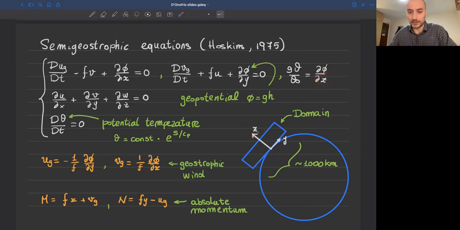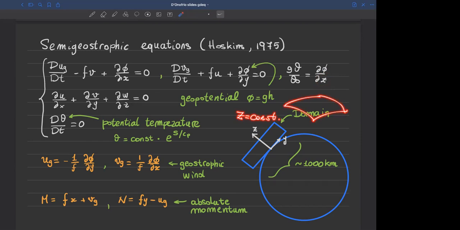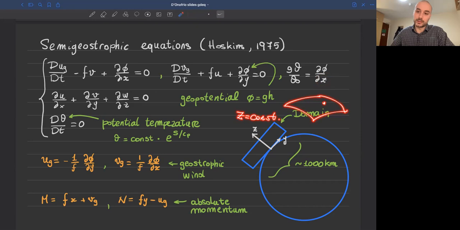If we consider Z equal constant, then we are referring to a surface of constant pressure, okay? While points on this surface can have different elevation above the sea level, right?